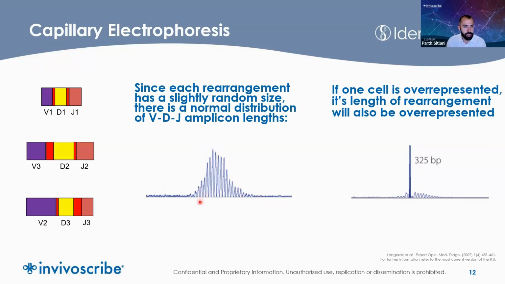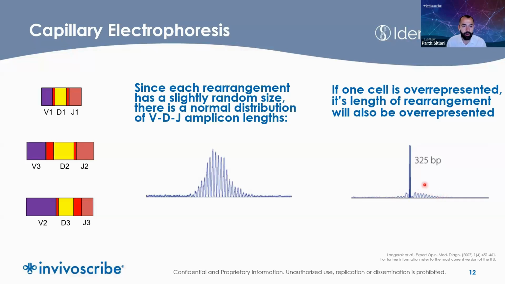So within, let's say, this peak here, there are hundreds and hundreds, maybe thousands and thousands of different rearrangement sequences that all have the same length, but they still form this average bell-shaped curve, even with the single base pair resolution.